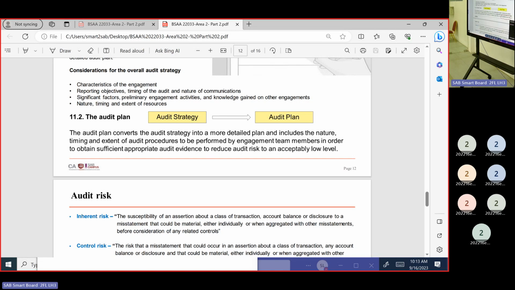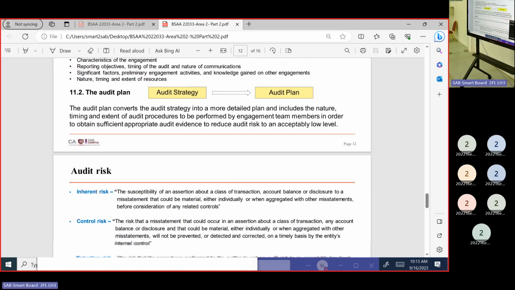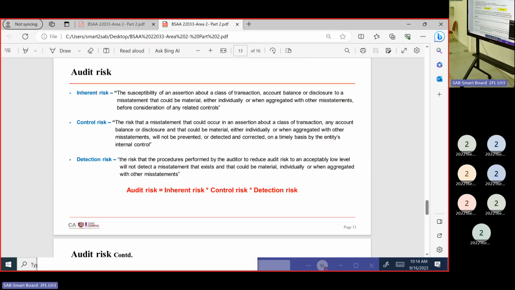This audit risk. Reduce audit risk. Audit risk can be divided into 3 areas. So the next slide is that. You can see this. Risk can be divided into 3 areas: inherent risk, control risk, and detection risk.